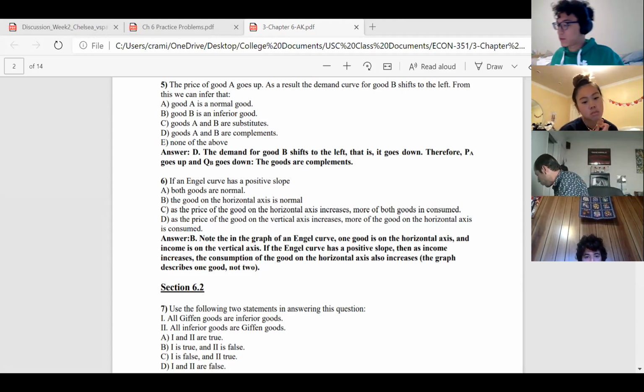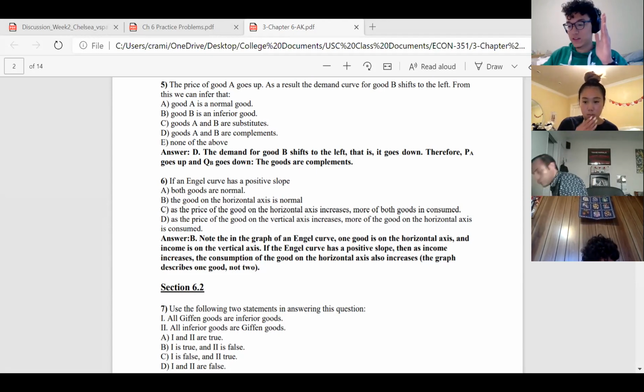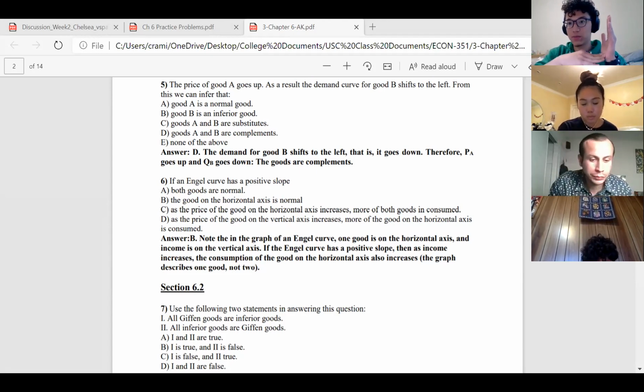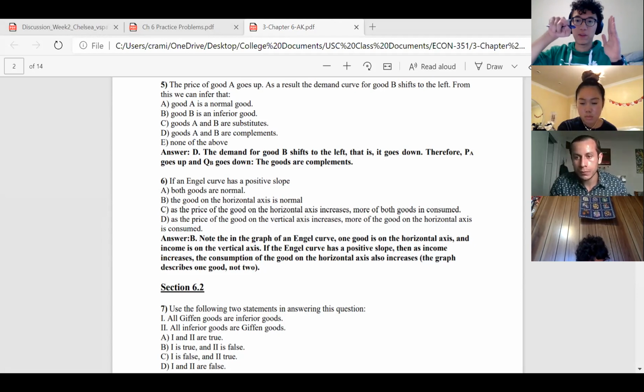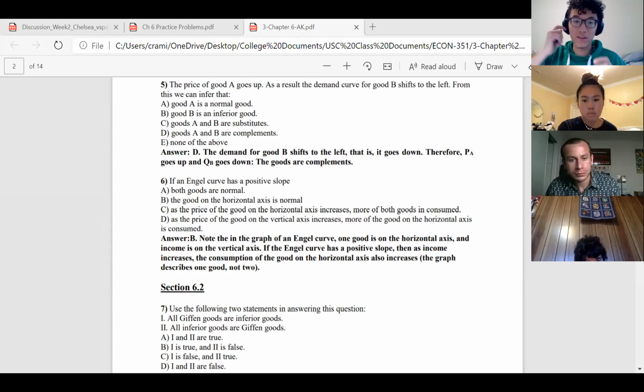Yeah, I have my notes right here. So on the Engel curve, the income is on the y-axis, and then the quantity of whatever product you're looking at is on the x-axis. And if it's a positive slope, that means as your income increases, so does the quantity of the item you're buying.